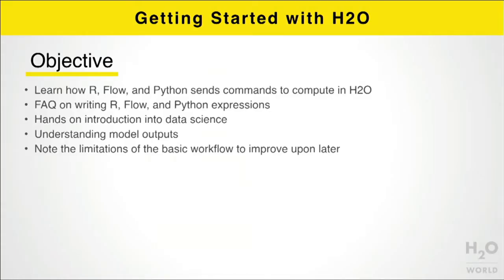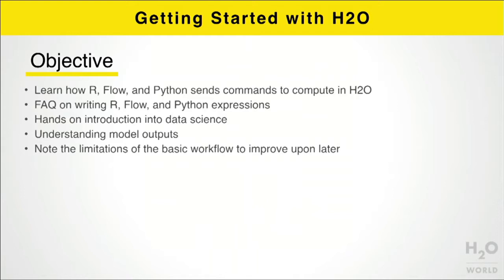Today we're going to get started on learning how to use H2O from different clients: R, Python, and Flow, which is our web-based UI. We'll go over how commands are sent from all these clients into H2O to execute in a distributed and parallelized fashion.